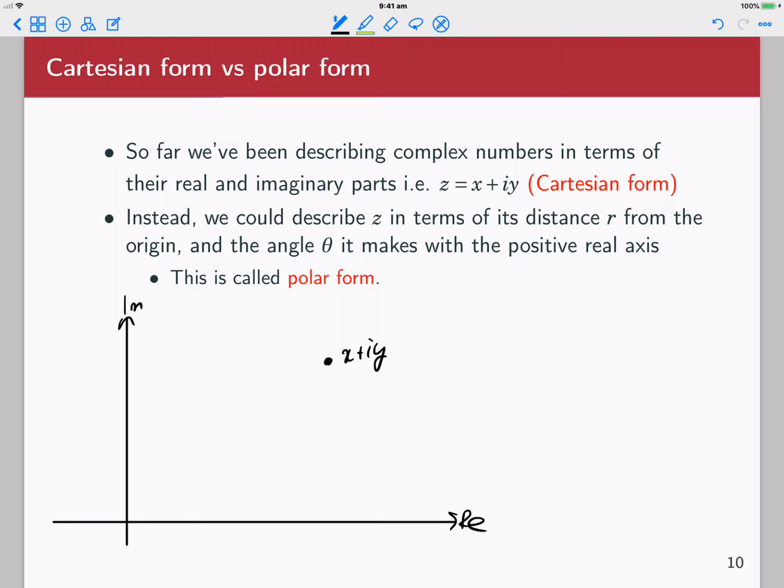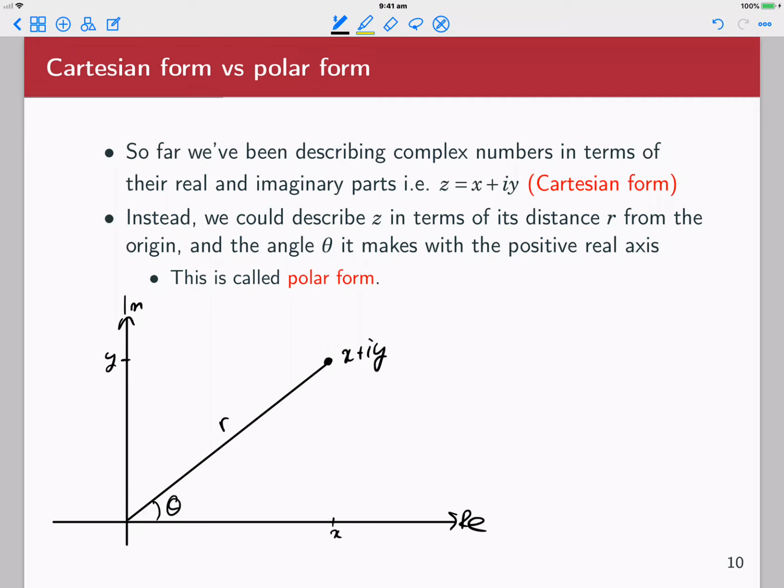So when I'm thinking of it in Cartesian form, I'm thinking of it in terms of its real and imaginary parts. So x plus iy, where x is the real part, right? And y is the imaginary part. But what I can do instead is think of it in terms of its distance from the origin, call it r, and the angle, we'll call it theta, that it makes with the positive real axis, right?